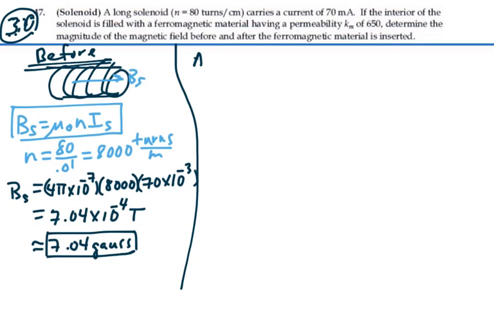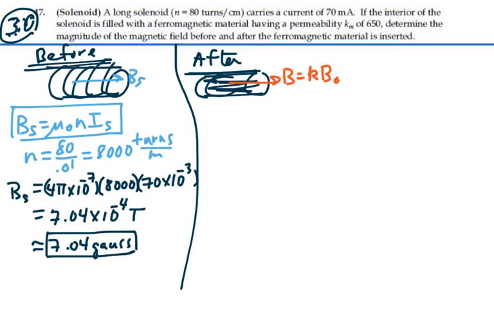Alright, now if we add the ferromagnetic material, our solenoid will now be inundated with this material, and that's going to increase the magnetic field. In fact, the magnetic field now is going to equal that permeability times the initial magnetic field. The way we can look at it is this magnetic field is going to equal mu times little n times the current through the solenoid, where mu is equal to K times mu naught.